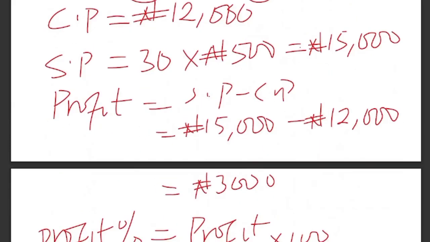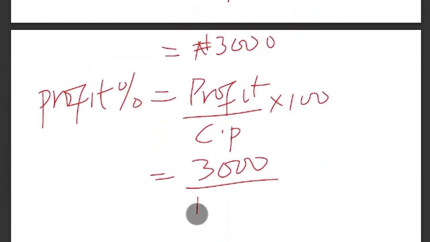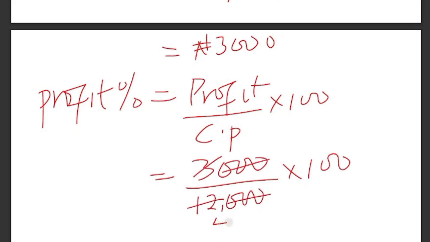The cost price is 12,000. We put the 12,000 there. Multiplied by 100. So we divide. 0 cancel this 0. 3 here 1, 3 here 4. 4 in 100, that's 25. You can use your calculator. So that means you have 25%.